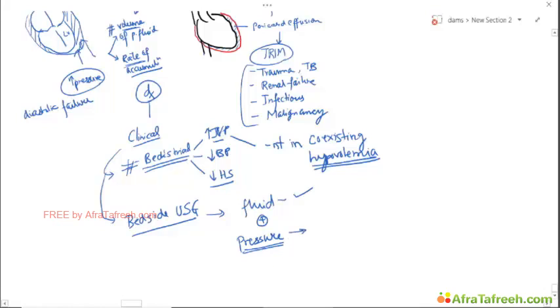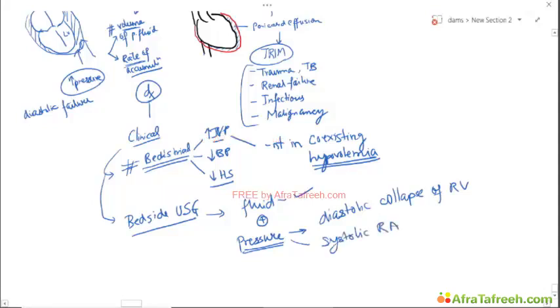And the signs of pressure include diastolic collapse of the right ventricle or a systolic collapse of the right atrium, right? So these indicate intrapericardial pressure and a diastolic failure of the heart, thereby causing obstructive shock.